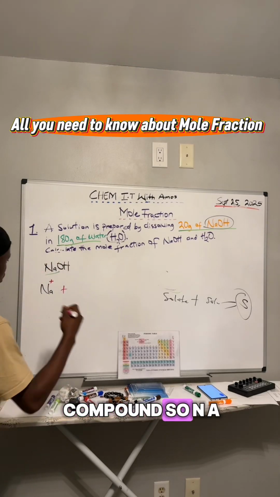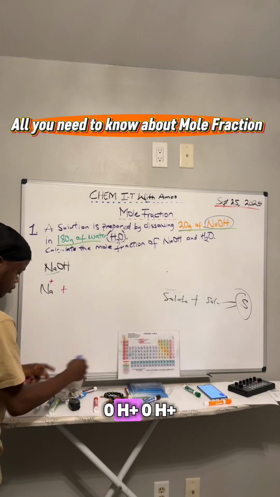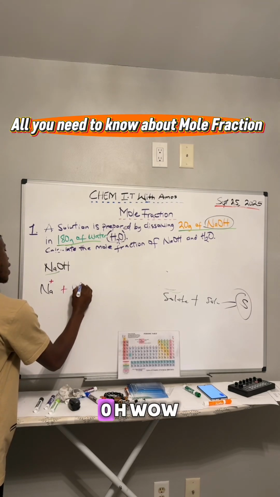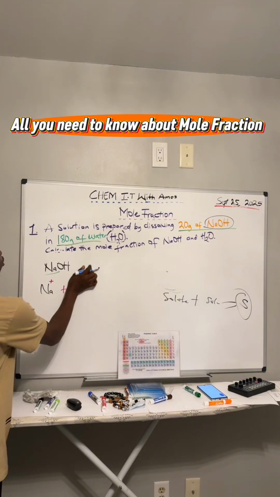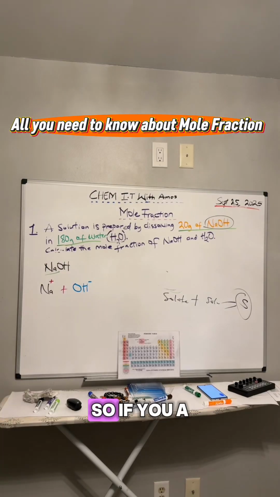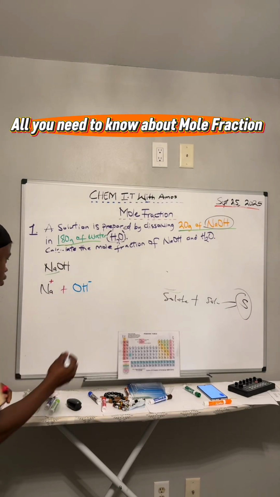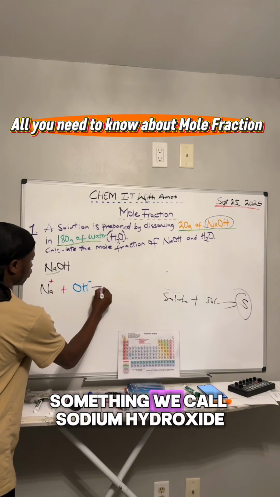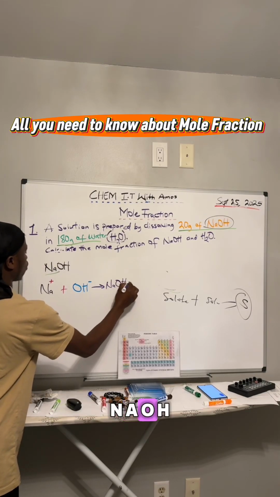So Na plus ion plus OH minus, if you add Na plus OH minus, it gives us something we call sodium hydroxide, NaOH.